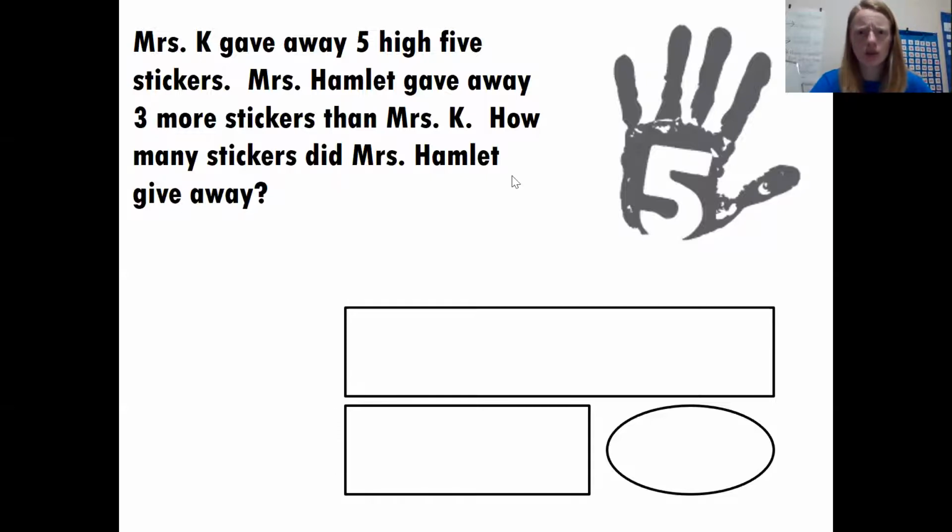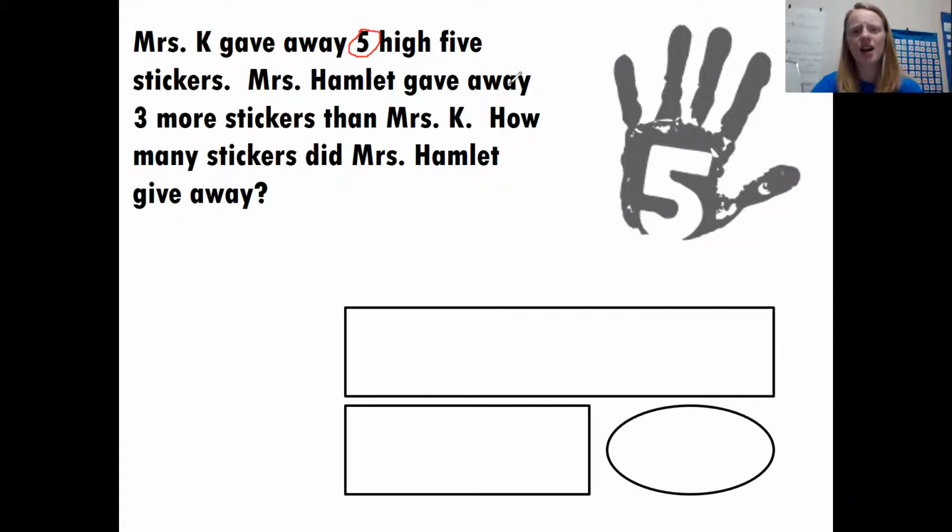Okay, so here's what we need to do. We listened first. Now we're going to go back and figure out what we know and what the question wants us to figure out. We know that Miss K gave away 5 high five stickers.